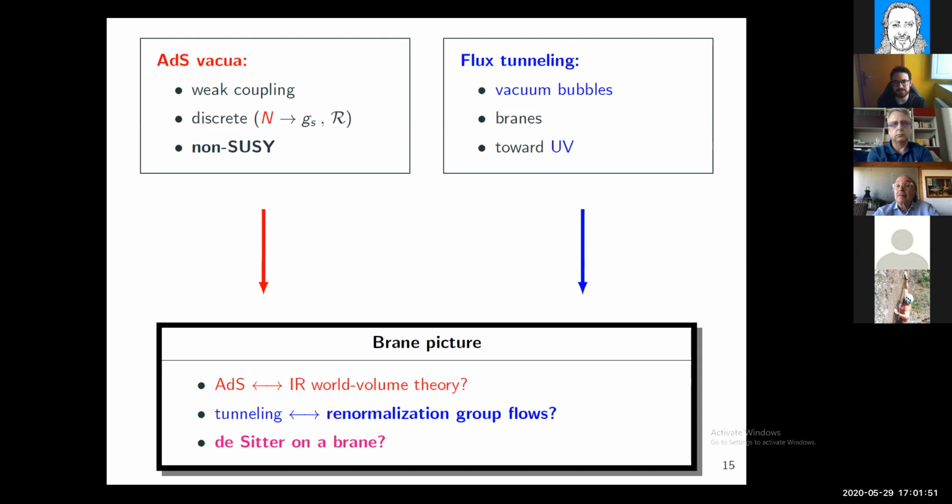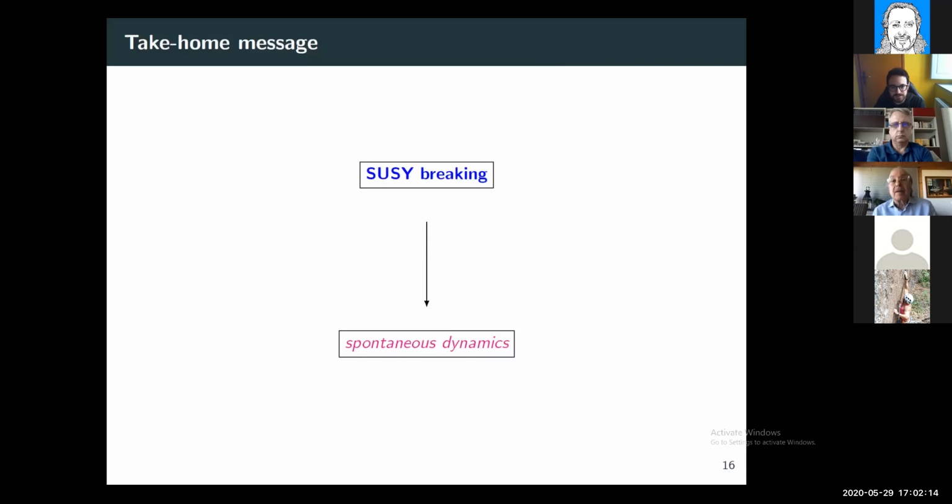The Klebanov-Strassler solution. So we do have an interpretation in terms of RG flows, and we wrote it up in one of those three papers, the one with Alessandro Bombini. And I have some backup slides if you want to get deeper into detail. But maybe I can try just to give you some flavor.